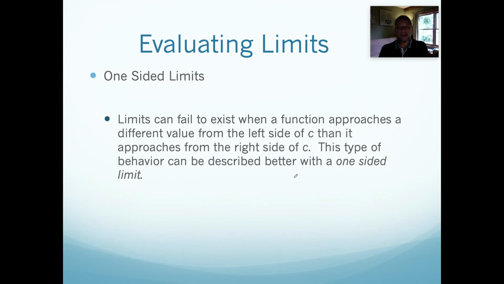So what exactly is a one-sided limit? Well, it turns out that if you don't approach the same value of y from the left and from the right, then the limit doesn't exist, all right? So limits can fail to exist when a function approaches a different value from the left side of c than it approaches from the right side of c.